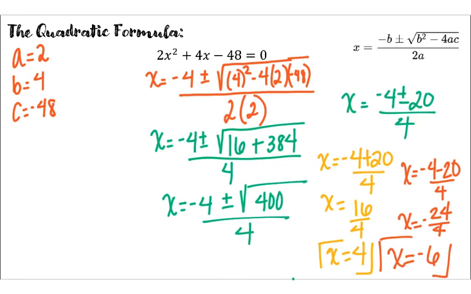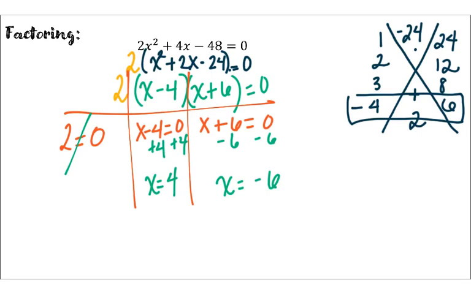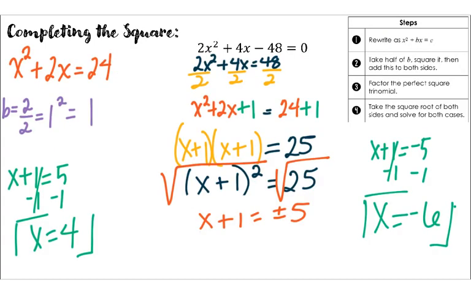So there we have it, all three methods. If we go back and review, factoring works best if your problem is factorable and you like to factor. Make sure that you pull out a GCF before you start the problem, if at all possible. Next, we had completing the square. Completing the square works best if you have it written as x squared plus bx equals c, so you have to rewrite it.